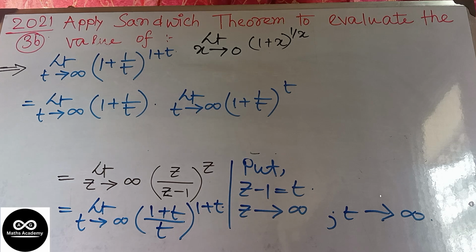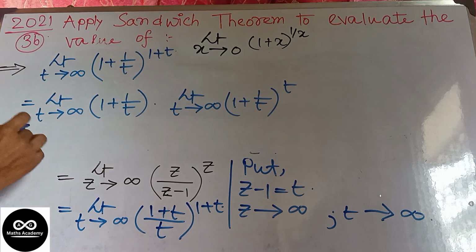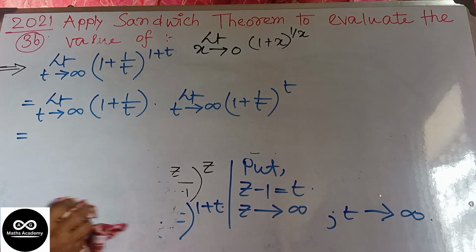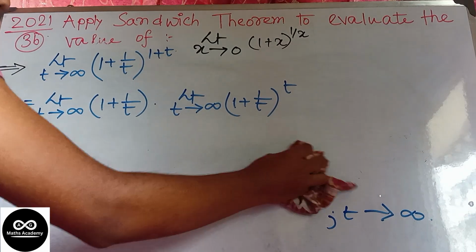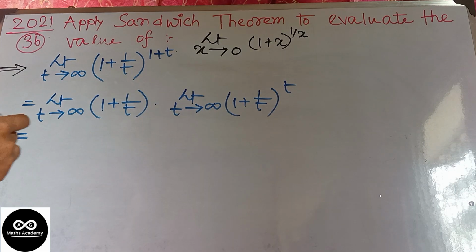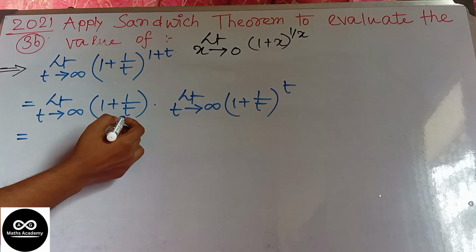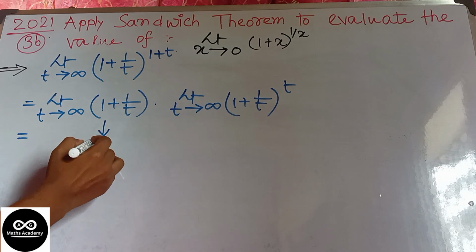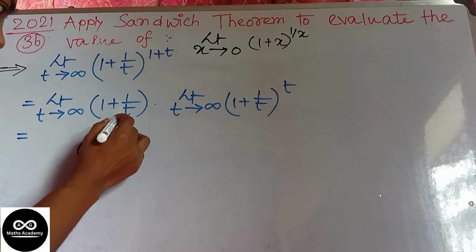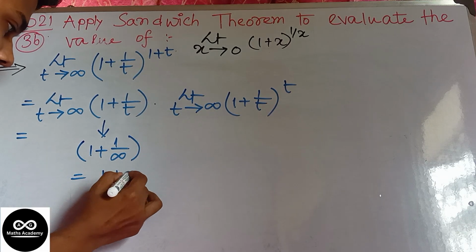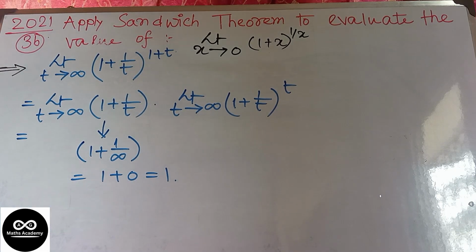Now if we put t equals infinity here, this will be 1 + 1/infinity, which is 1 + 0, which is 1.